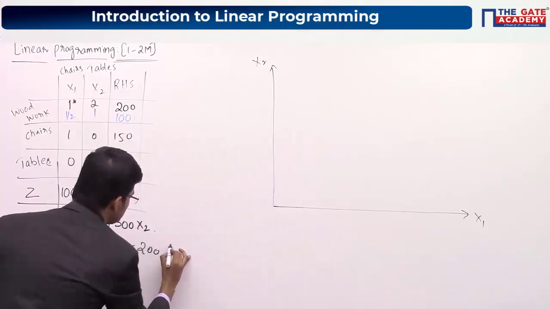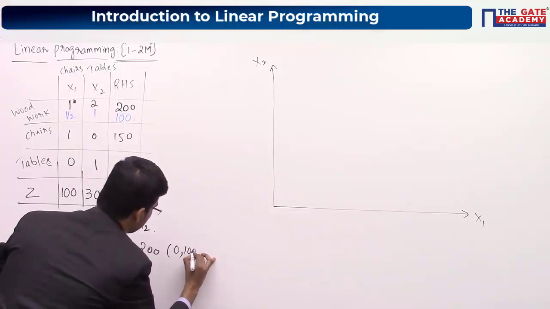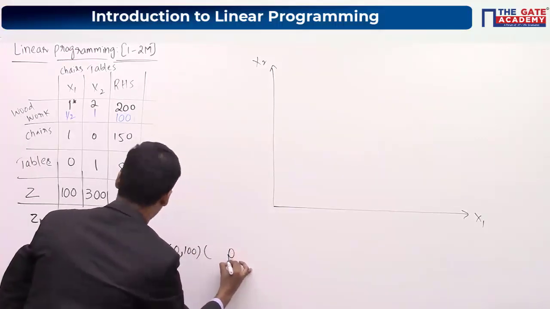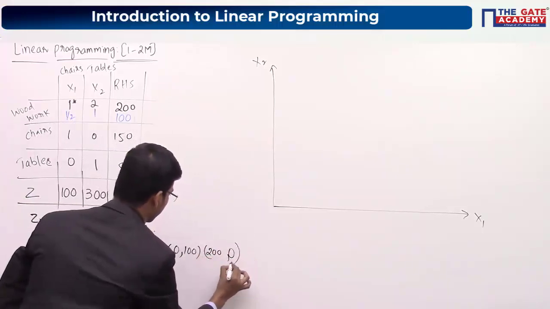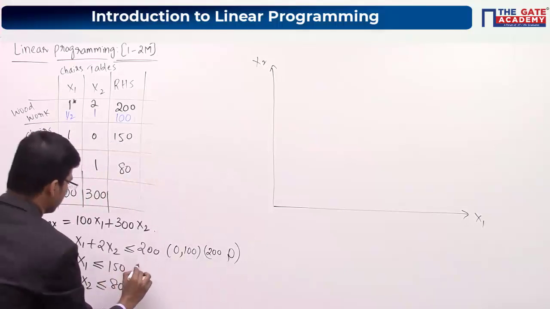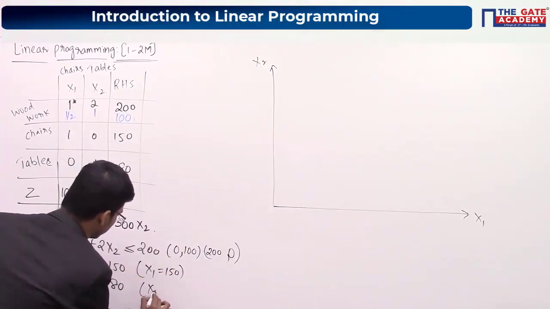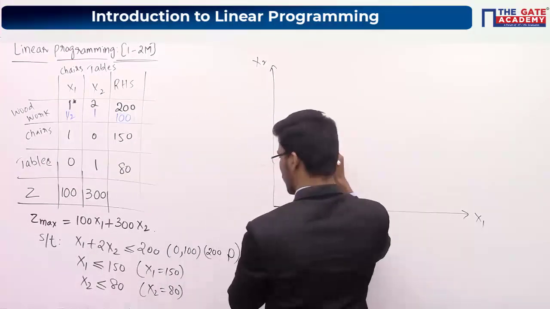So we need points: put x1 equal to 0, x2 will be 100, and put x2 equal to 0, x1 will be 200. Here you are having x1 equal to 150 and x2 equal to 80. So plot this in the graph. So 0, 100.